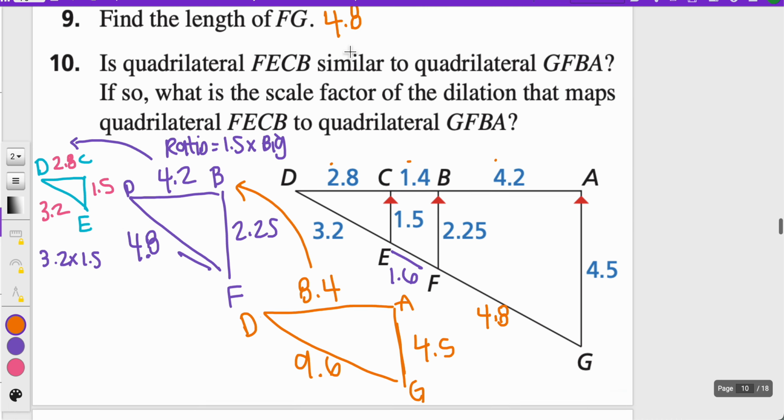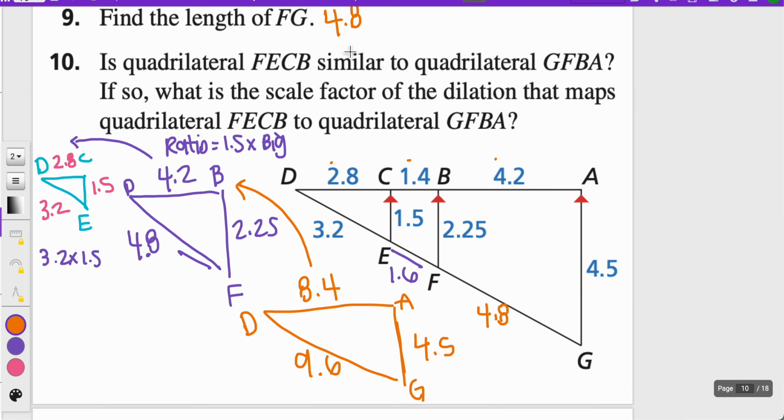Okay. Then number 10 says, is the quadrilateral FECB similar to GFBA? I said no because the ratio of 1.5 to 2.25 is 1.5, but then 4.2 divided by 1.4 is 3. So I said no, not similar for number 10.